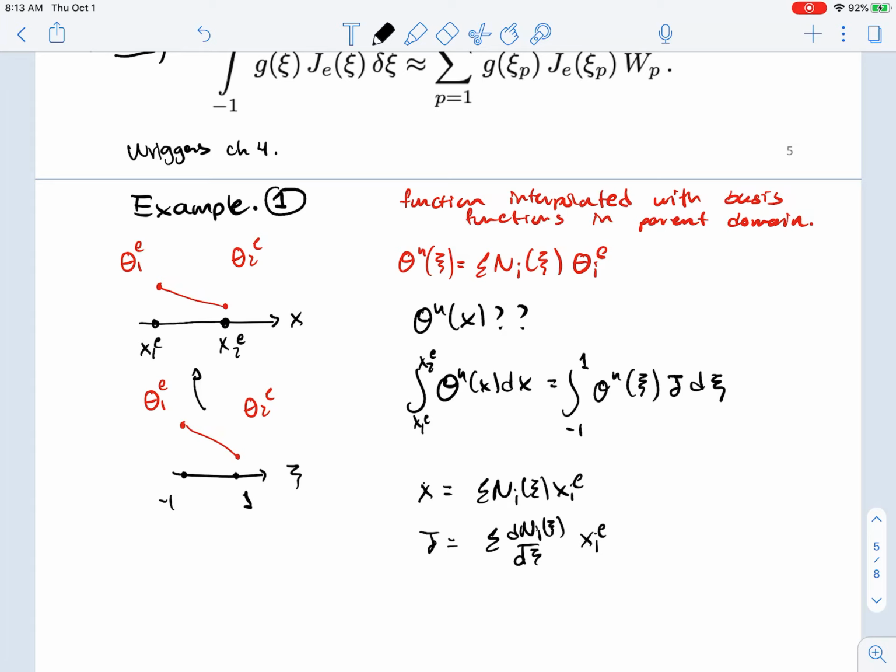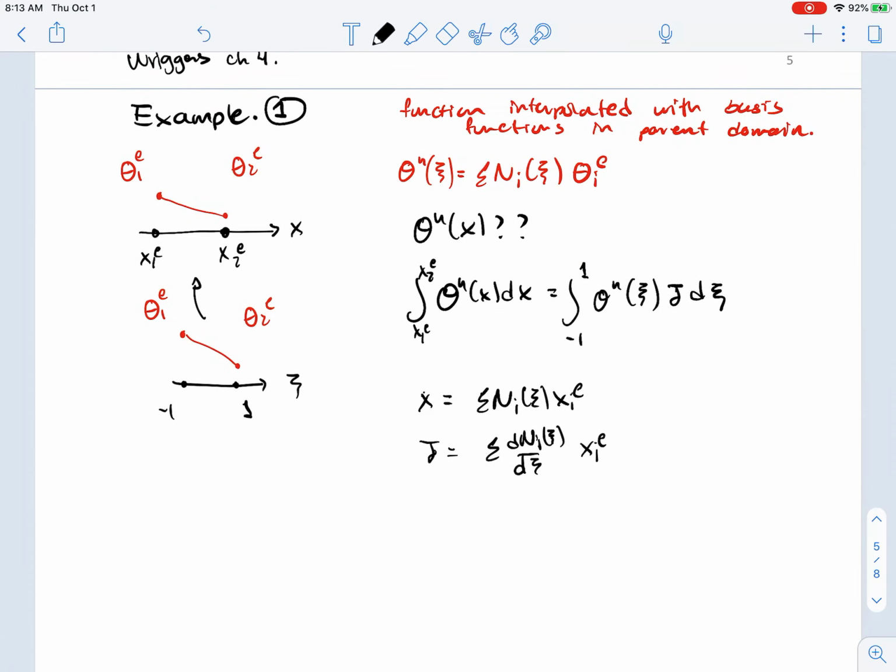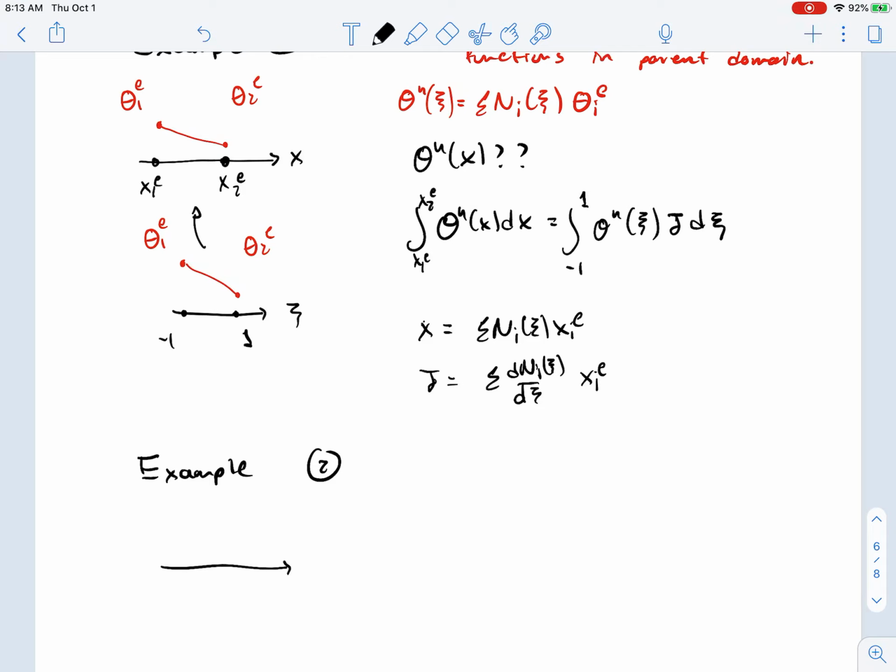And in this case, the Jacobian is a constant, but in some cases, this will depend on psi. And then just use your favorite number of Gauss points and do that. Now, what if I actually have a function that is very well defined?